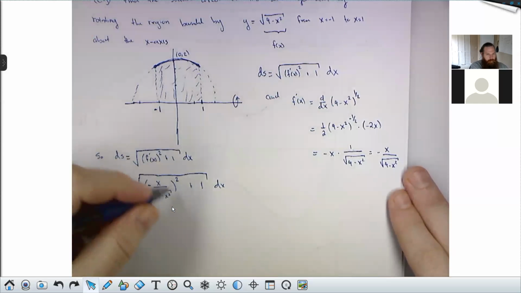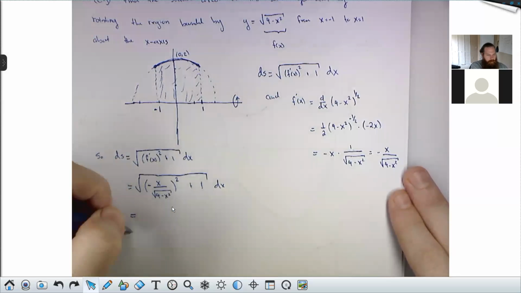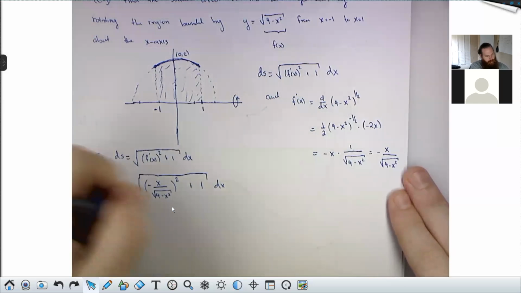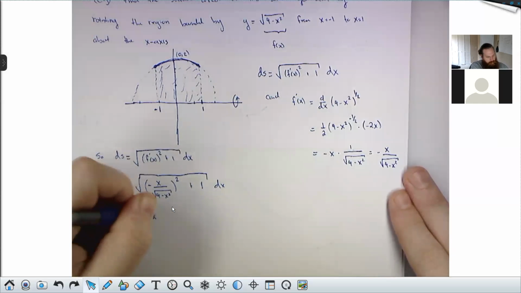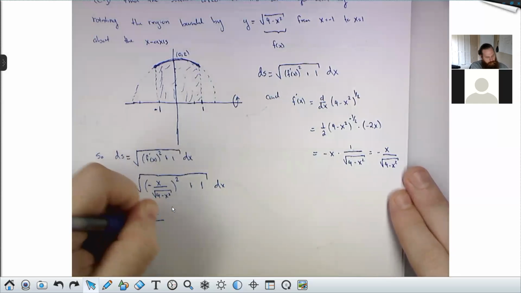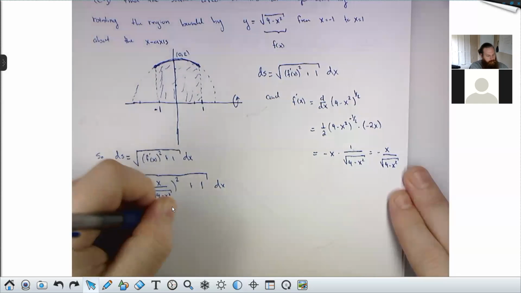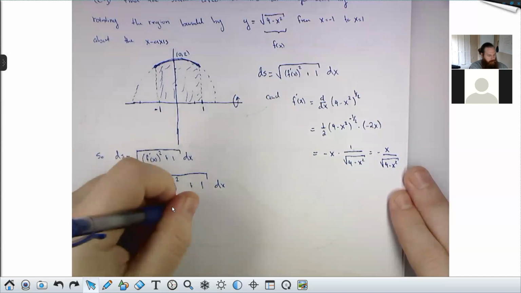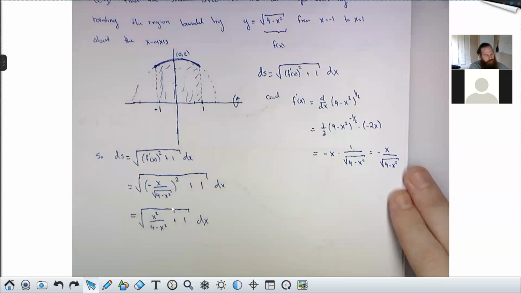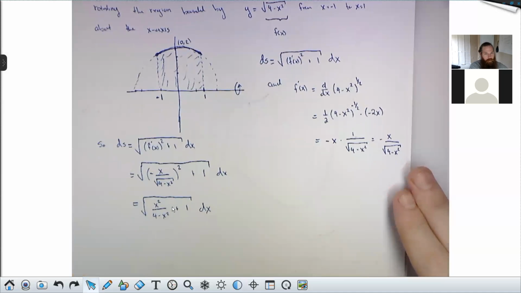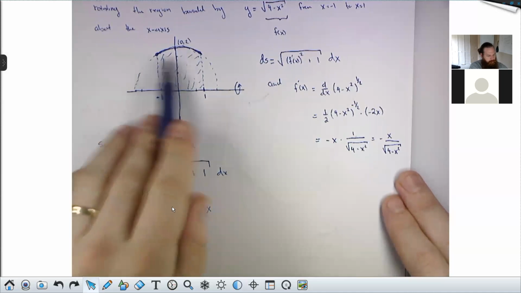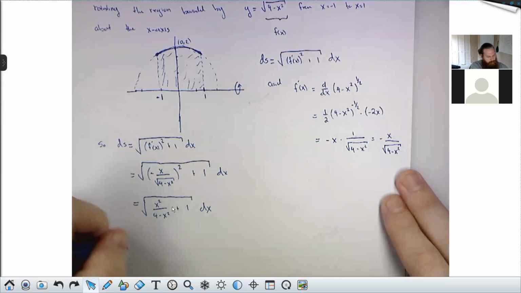And when I square this, the top will be x squared, the bottom will be just 4 minus x squared, and the negative will go away. So I'll have here x squared over 4 minus x squared plus 1 times dx, which means that my integral for the surface area will be the integral from -1 to 1.